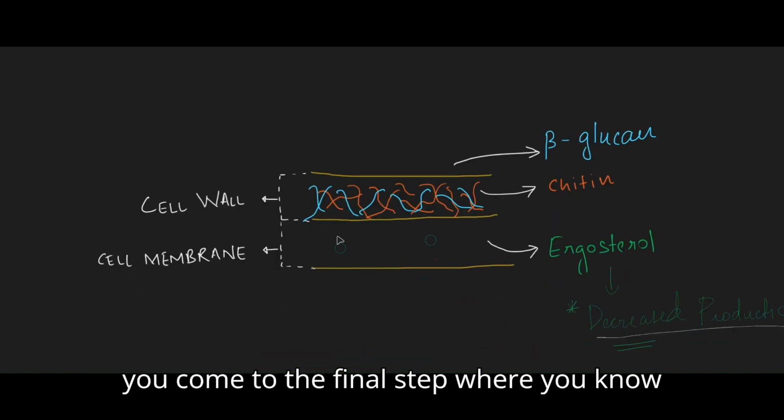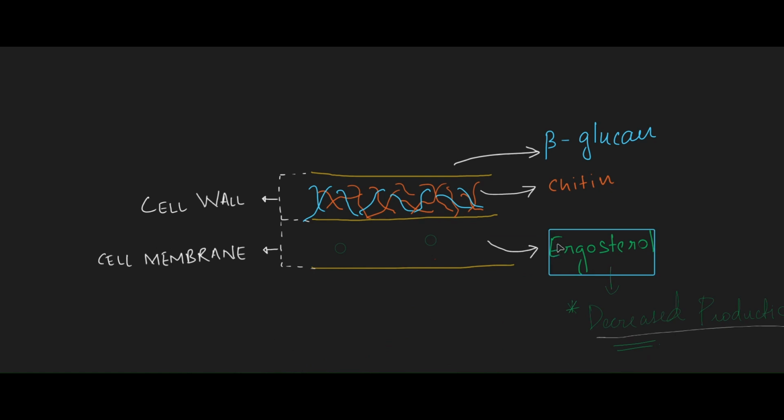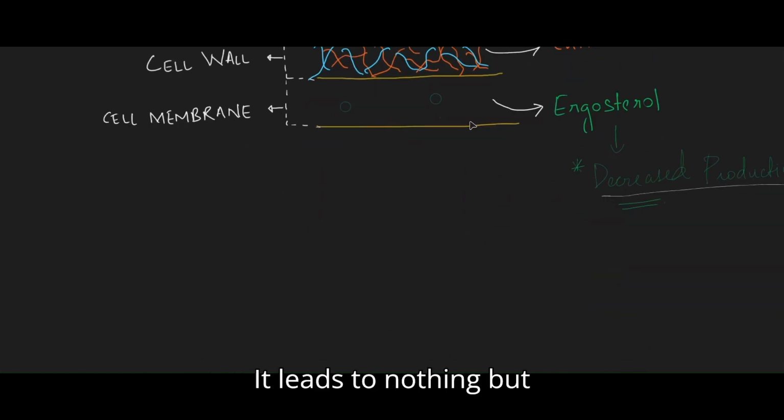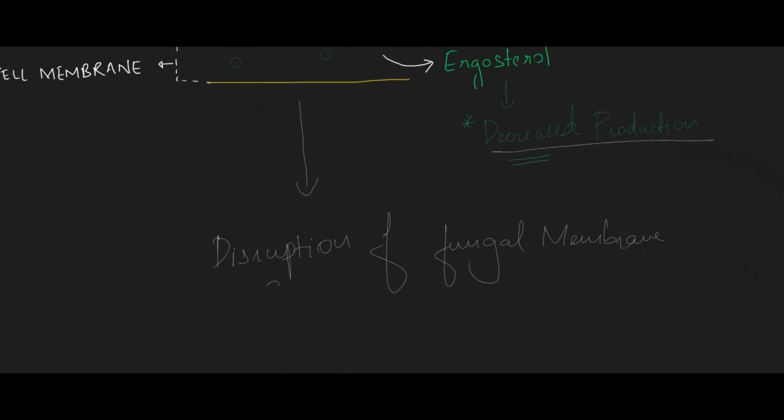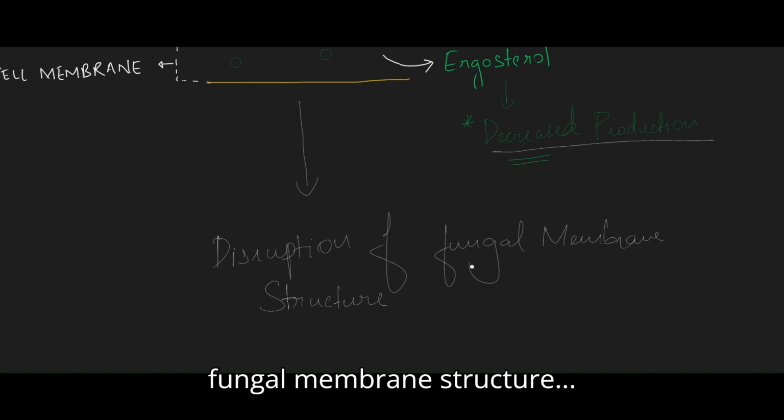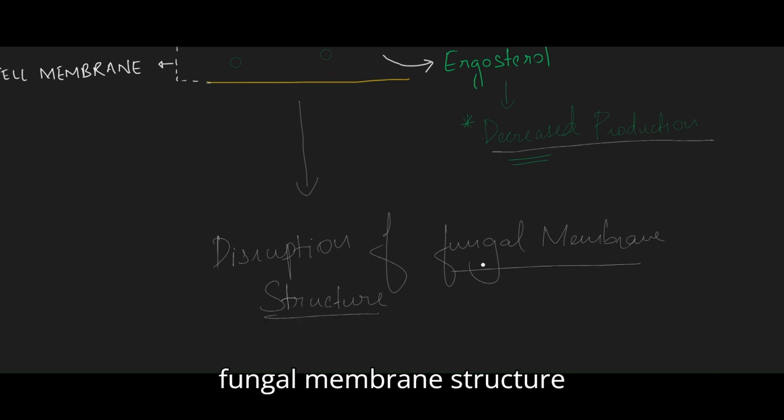You come to the final step where you don't have much ergosterol over here, and what does it lead to? It leads to nothing but disruption of fungal membrane structure and function.